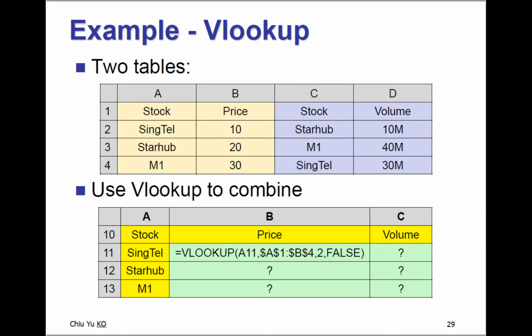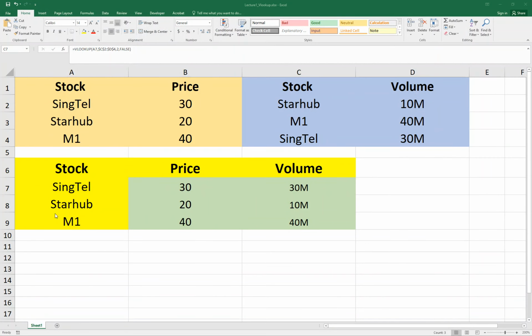You can see the second row is the ticker for A, but for C it is different. But you want to combine them. You have to make it right. If they're sorted in the right order, you just remove column C. How to do it? Combine it with VLOOKUP, and let me illustrate it in the Excel spreadsheet here.